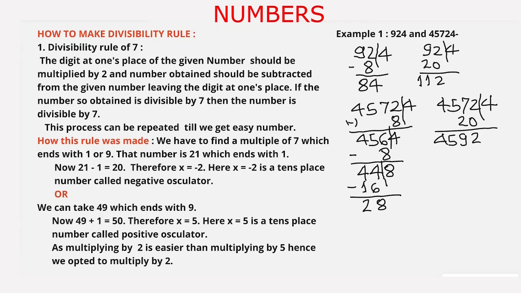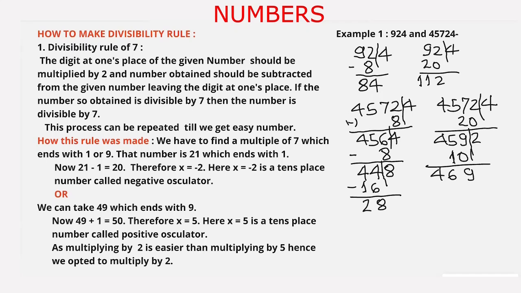On adding 20 we get 4592. Again this number is big number, so we multiply again the last digit by 5. On multiplying 2 by 5 we get 10. We add 10 to the remaining number 459 and we get 469.